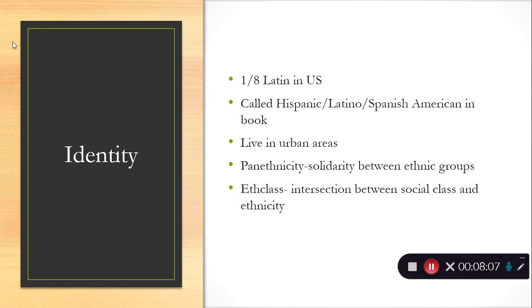Okay, and then F class, that's the idea of the intersection between social class and ethnicity, and that's what I was just talking about. Okay, how light you are determines which social class you're in, which country of origin you're from, your religion, your sex. These are all factors in where you're located in the social class system. How much power do you have over your life?